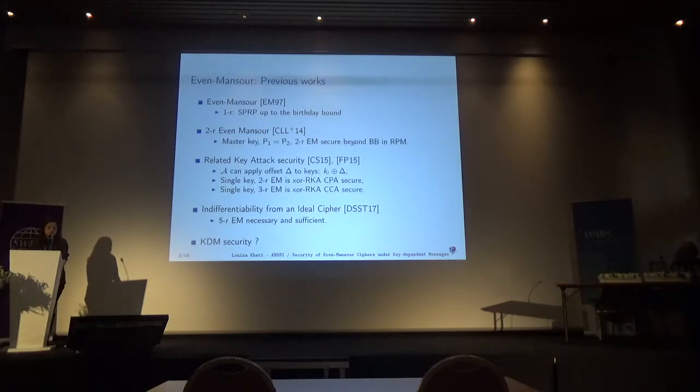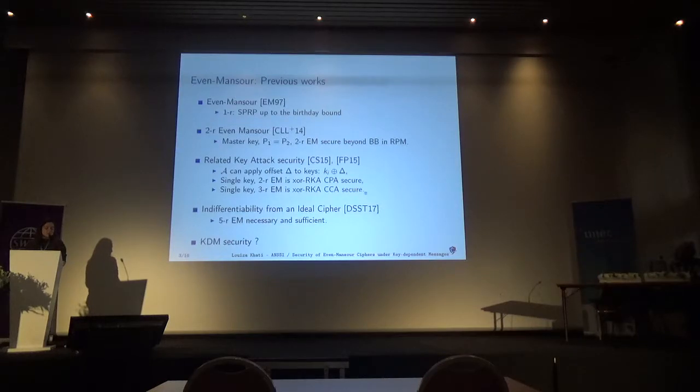Later, the related-key security was analyzed, especially by Farshim and Procter. In this model, we assume that the adversary can apply some offsets to all the keys, so we can change the key Ki to Ki XOR delta, some constants.